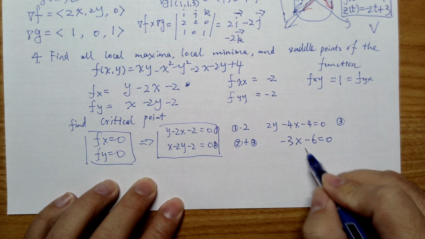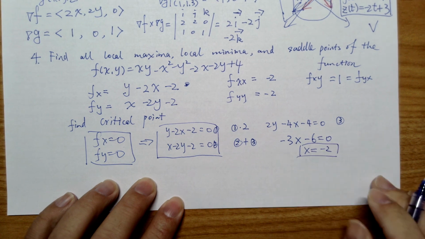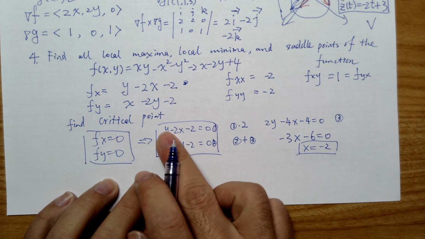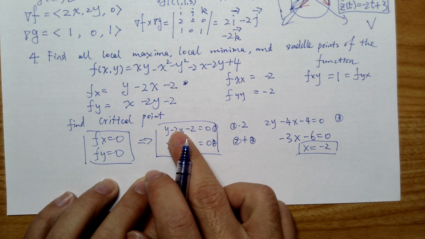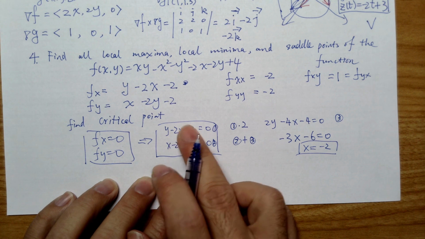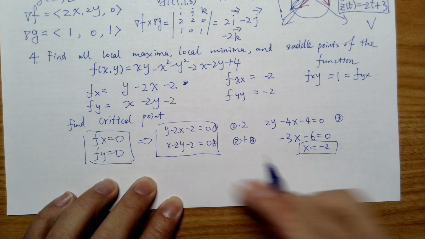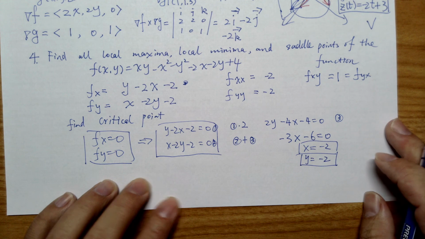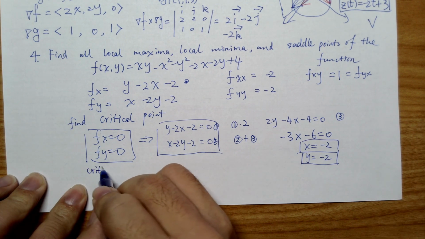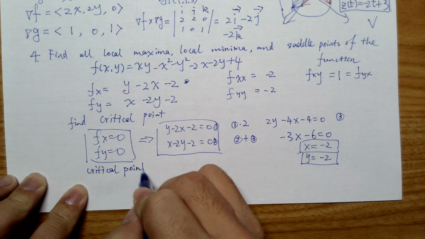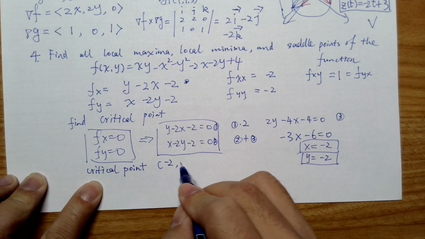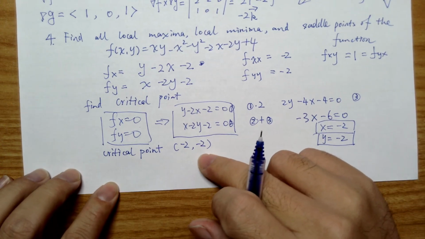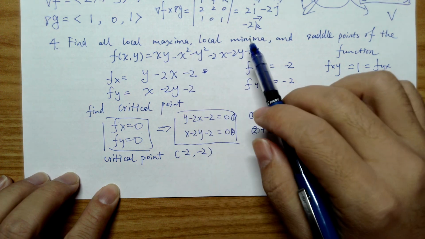So x equals negative 2. Plugging into the first equation, y minus 2 times negative 2 becomes plus 4, minus 2, so y plus 2 equals 0, and y equals negative 2. So the critical point is (negative 2, negative 2). This is the only candidate to be a local max, local min, or saddle.